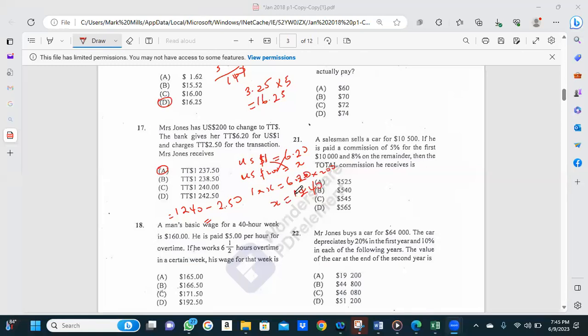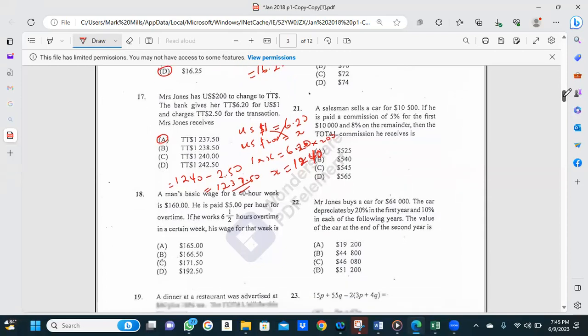That will give you $1,240. Then they say there's a transaction fee of $2.50. You are going to say $1,240 minus $2.50, which will give you 1,237.50. That's my answer.